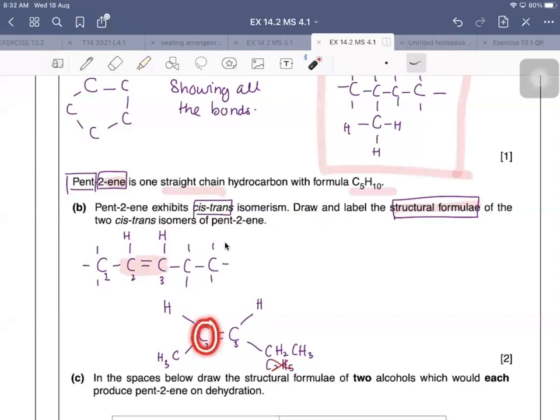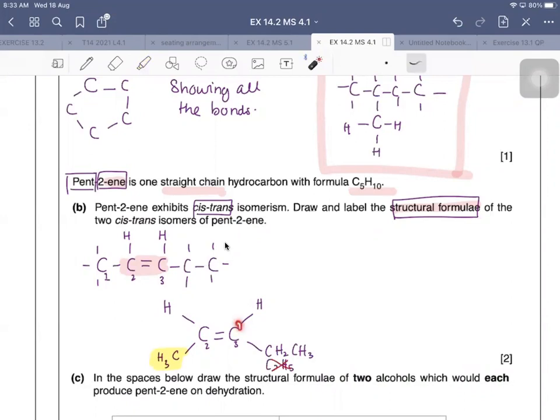So first we start with carbon number 2, and there are only 2 bonds hanging off carbon number 2, and we have to choose one that is heavier, that is bigger in Mr or heavier. So in this case, it's between hydrogen or CH3. So obviously your CH3 is heavier, so it becomes a priority group. That's the priority group of carbon 2.